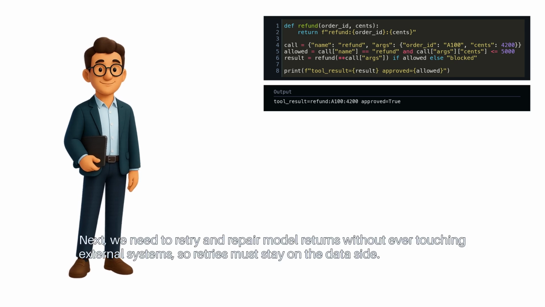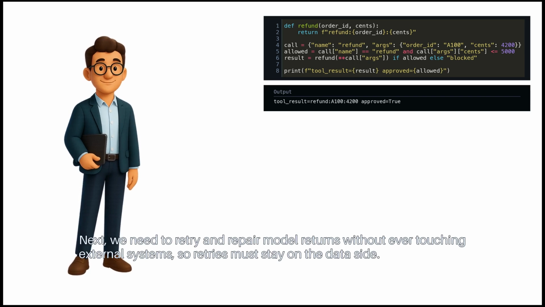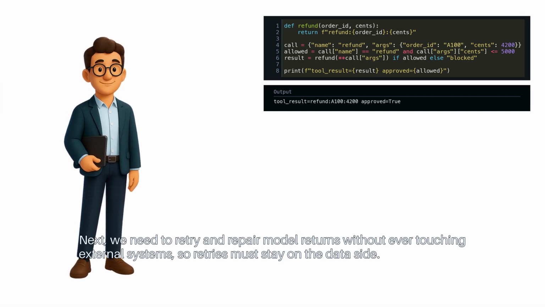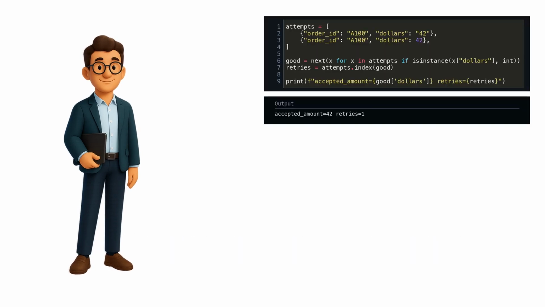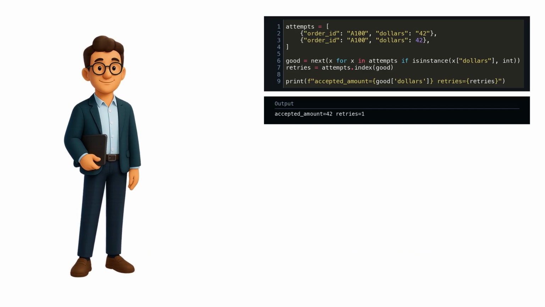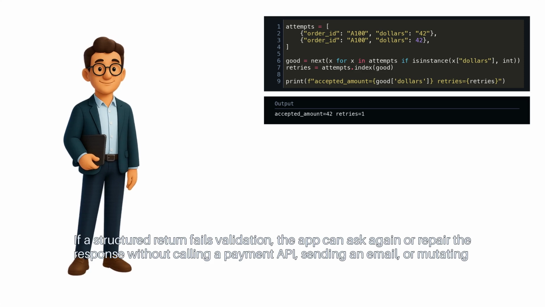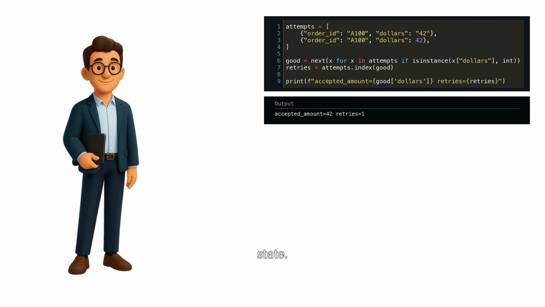Next, we need to retry and repair model returns without ever touching external systems, so retries must stay on the data side. This snippet keeps retries on the safe side of the system. If a structured return fails validation, the app can ask again or repair the response without calling a payment API, sending an email, or mutating state.